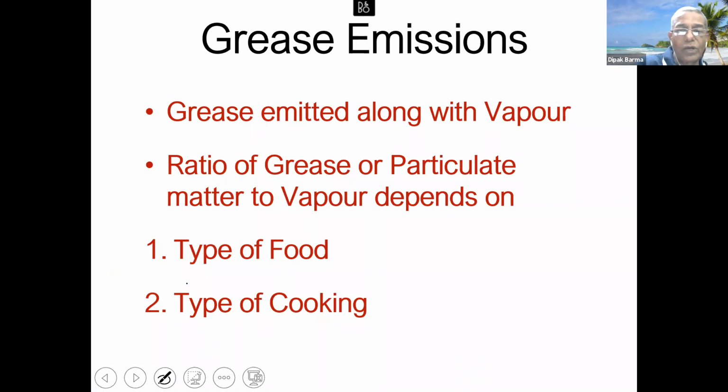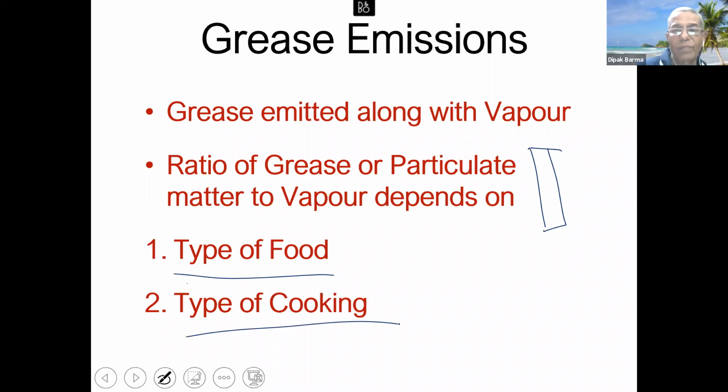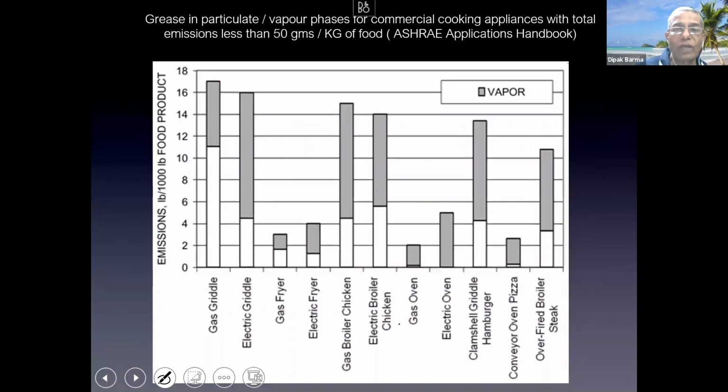This is what we've been talking about. And this ratio of grease to particulate matter will depend on the type of food and the type of cooking. So we have to consider this when we do this. For different areas, all data is available as to what would be the amount of emissions for different items being cooked under different conditions, different ways of cooking. And accordingly, we have to cater to the exhaust arrangement and the filtering arrangement for the same.